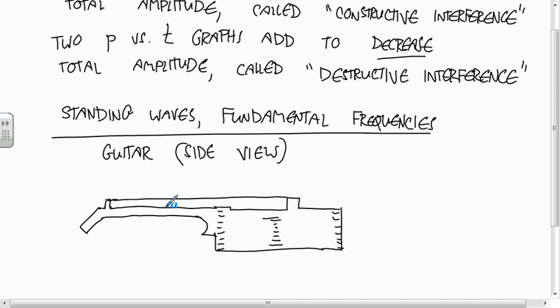And those waves are cosine or sine waves. Let me say it this way. You would hear a sound if a single cosine or sine wave formed.